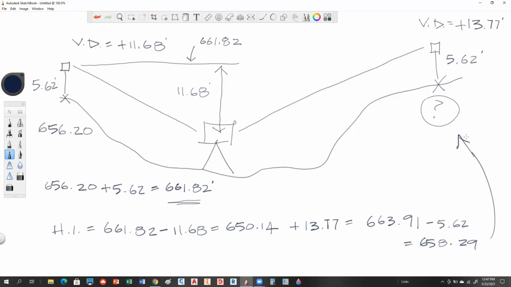But I want you to know why you're doing that, okay? It's important to understand that if you can draw a picture like this, you can always rationalize anything you're doing. You can find the difference between these two and add or subtract that accordingly. But going through the process like I did shows you exactly why that's done. Okay, is everybody okay with that? Yep. We did this exact problem out in the field.